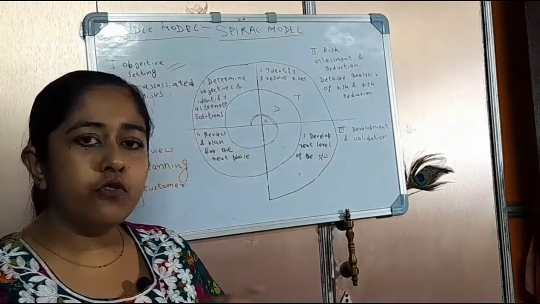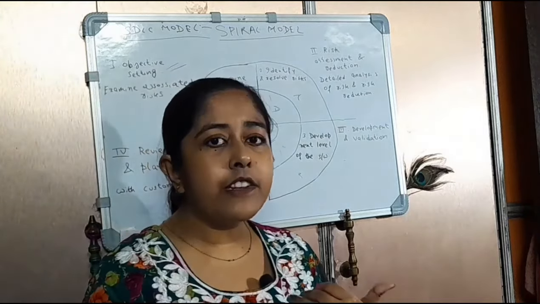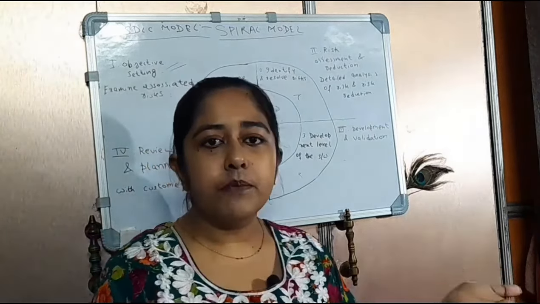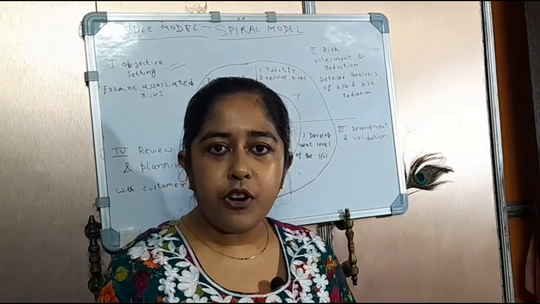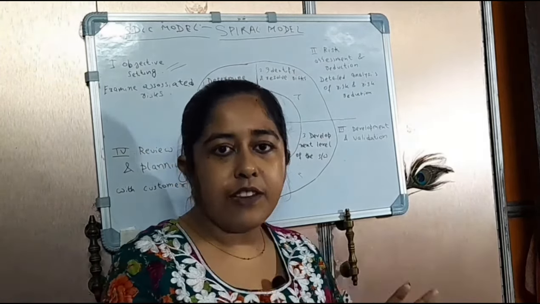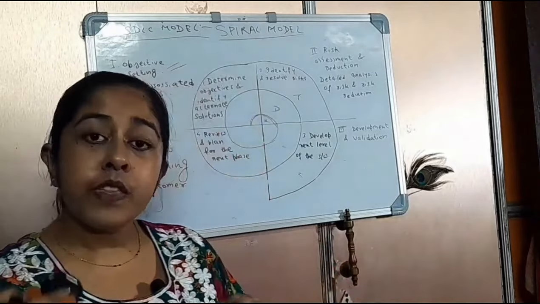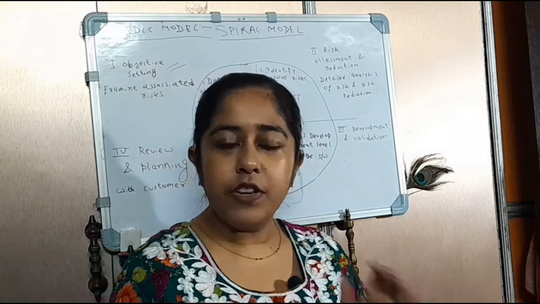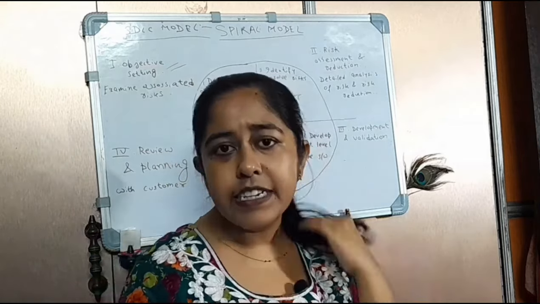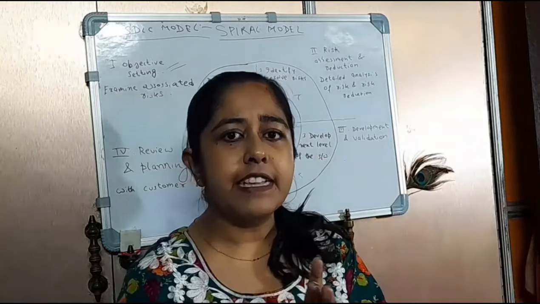I know that I am going through a project which has some risk, but what kind of risk can come in front of me for this particular phase? The risks associated with that objective, that particular phase, we are just going to identify in this quadrant. We are not going to do anything else, you just have to identify those risks. That is objective identification and risk assessment.